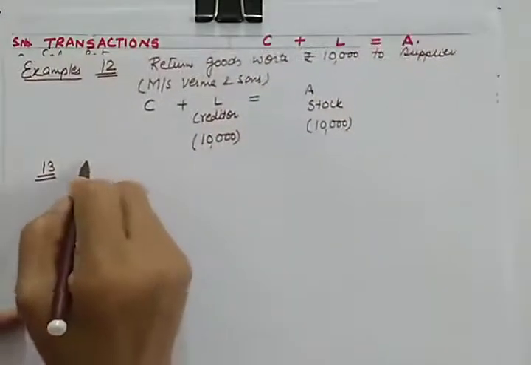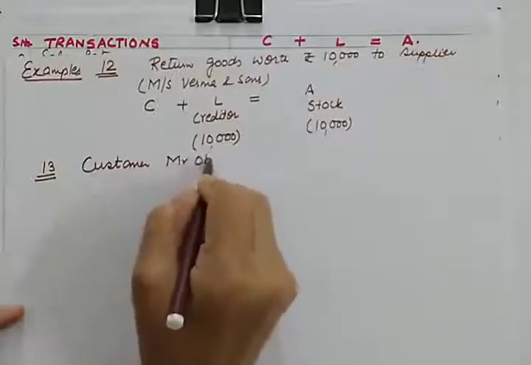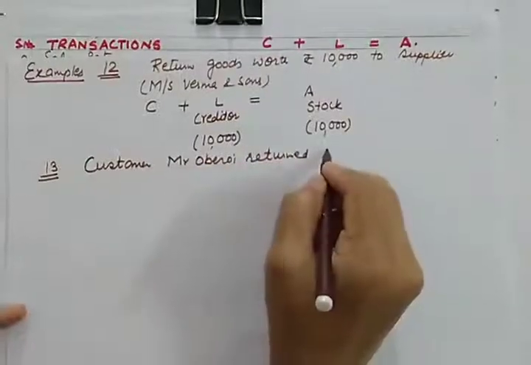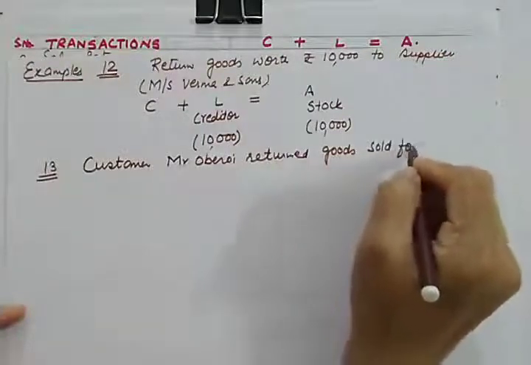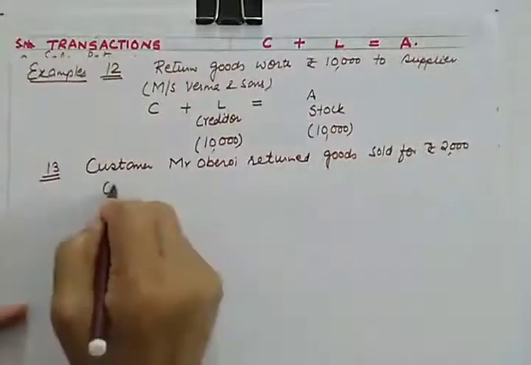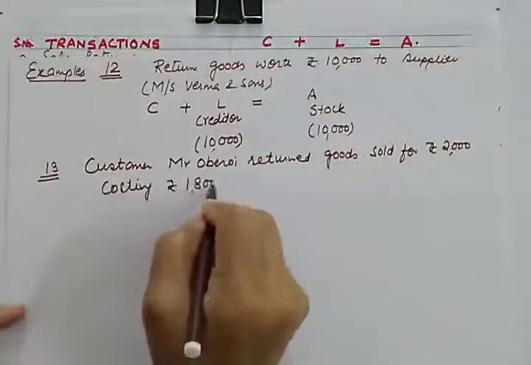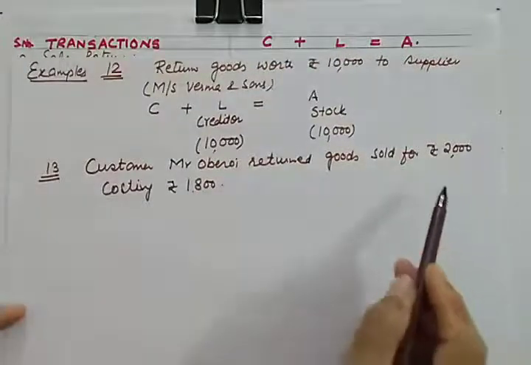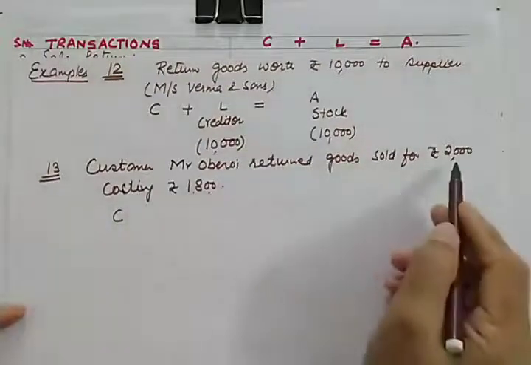Suppose our customer, Mr. Oberoi, returned goods sold for rupees, let us say 2000, costing rupees 1800, because the reason can be any, I am not mentioning the reason. So what is to be done here? Cost is 1800, sale is 2000.